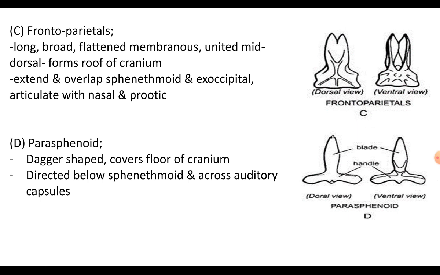Here you can have a look at the loose bone structure; diagram D shows the shape of the parasphenoid, the dagger shape forming the entire floor of the cranium. It is found directly below the spine ethmoid bone, and the handles of this dagger shape extend across the auditory capsules.